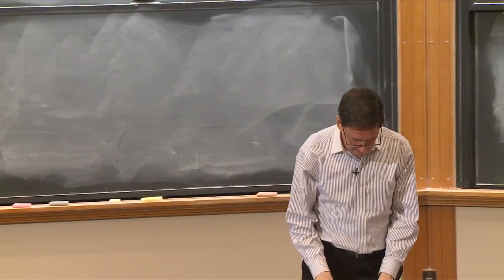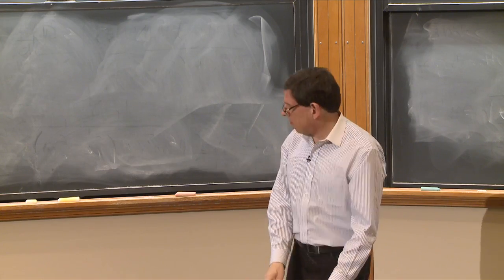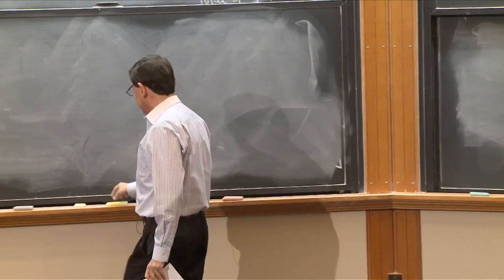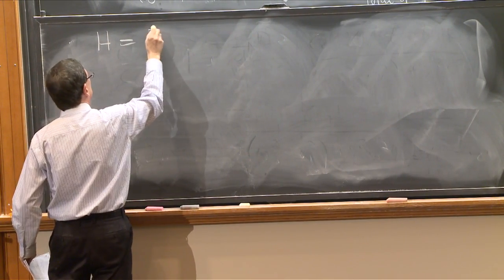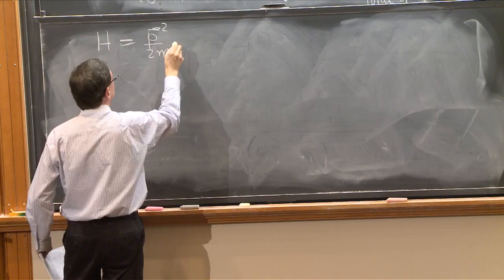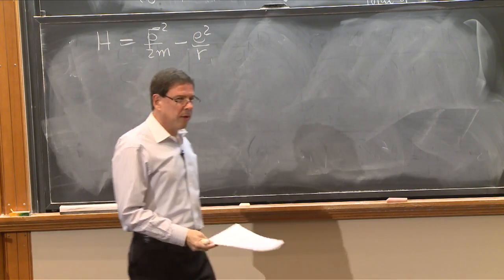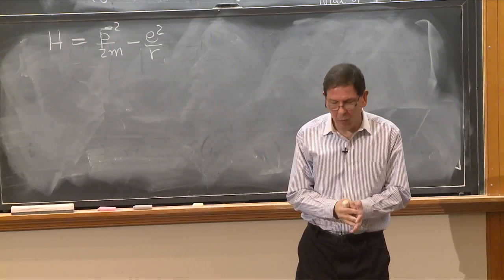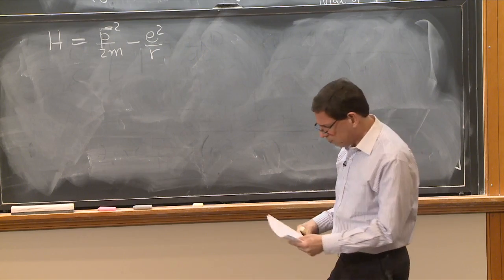So in order to do that, let's return to this Hamiltonian, which is p squared over 2m minus e squared over r, and to the Runge-Lenz vector that we talked about in lecture and you've been playing with.